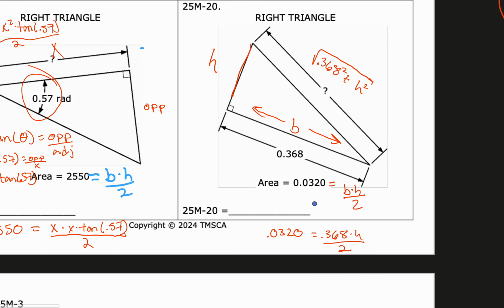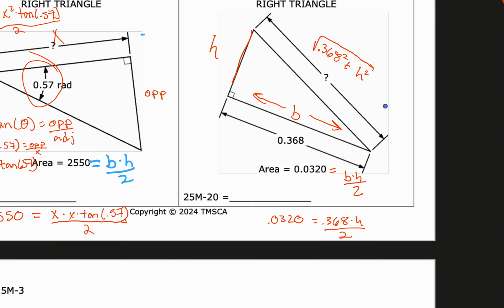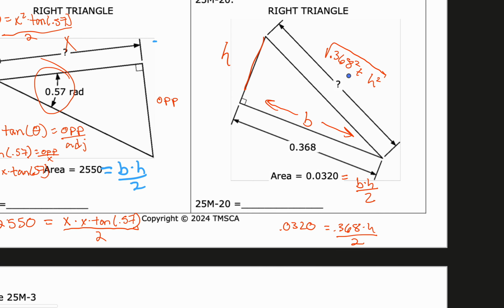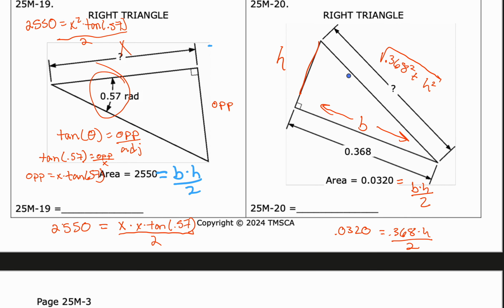In this case, the fastest way is directly base times height divided by 2 equals the area, so multiply the area by 2 and divide by 0.368. That's going to give you the height. Square that number, square 0.368, add them, square root, and there's our hypotenuse. Alrighty, that's it for these.